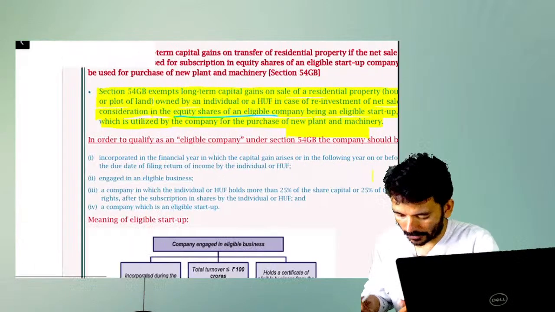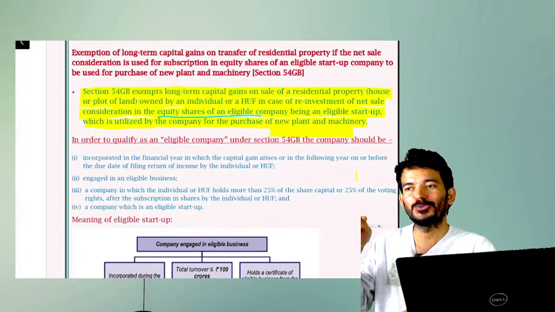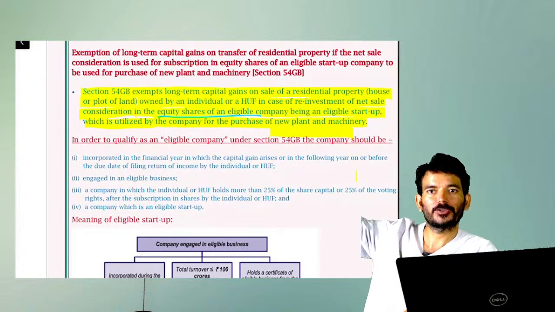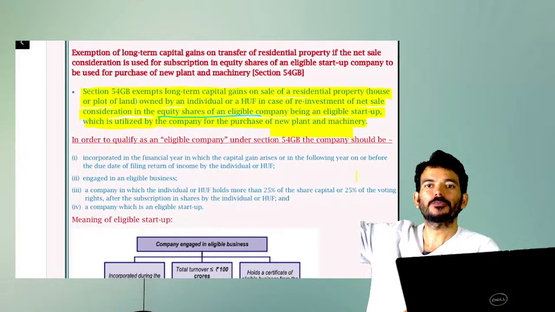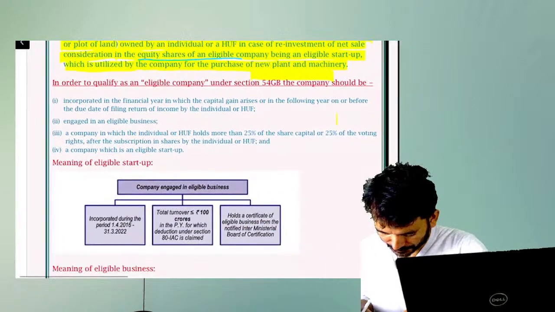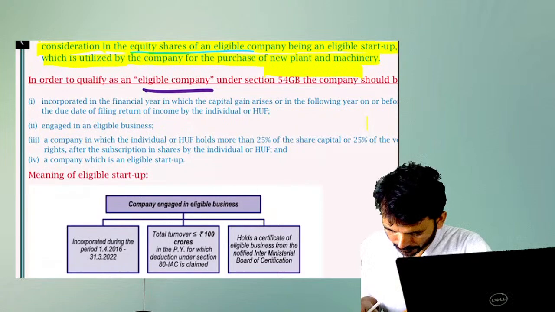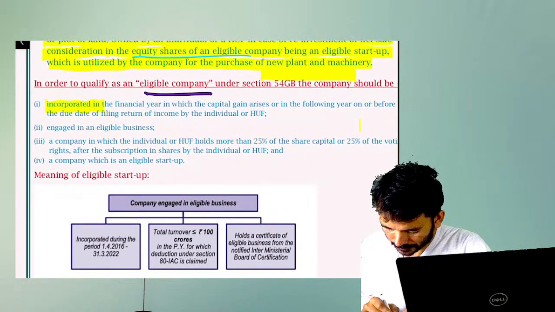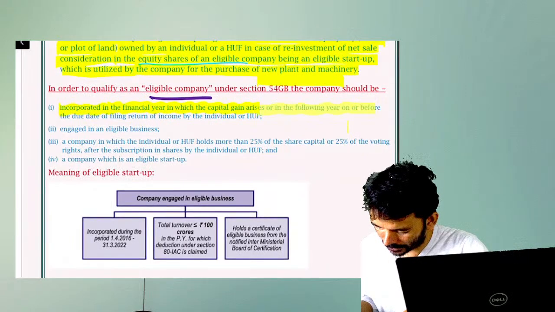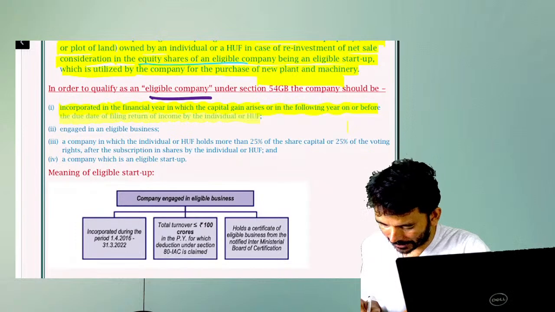Yes, coming back to our discussion, they say that your net consideration you have to use as a pipeline for your new business, and from there you purchase the eligible plant and machinery. So in order to qualify, what you have to do is incorporate in the financial year in which the capital gain arises, or in the following year on or before the due date of filing the return of income by the individual or HUF.